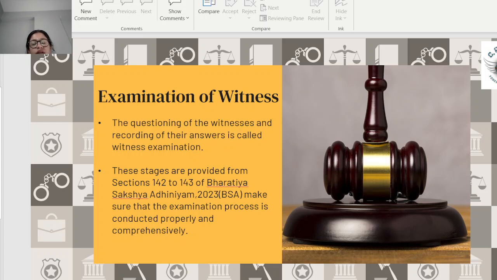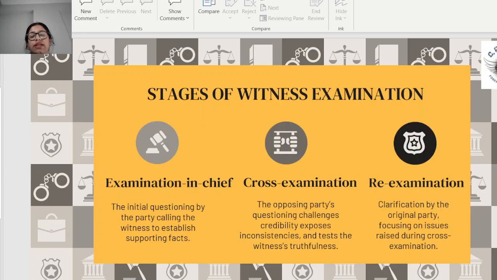Now, this systematic approach to witness examination consists of three stages: examination-in-chief, cross-examination, and re-examination. These are the stages of witness examination. These examinations play a significant role in the judicial process. They help us uncover the truth and test the reliability and credibility of the testimonies given by our witnesses.